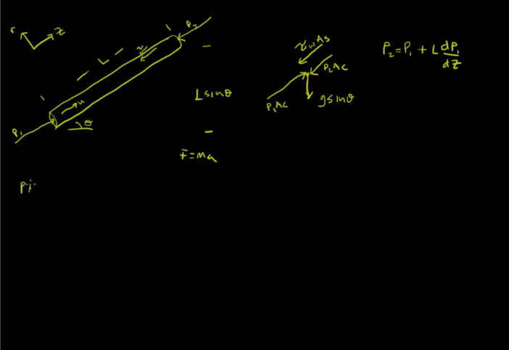So I'm just going to say P Ac minus the quantity of P plus L times dP/dz times the cross-sectional area minus tau sub W times the surface area.